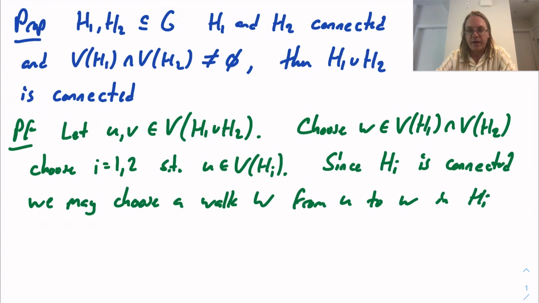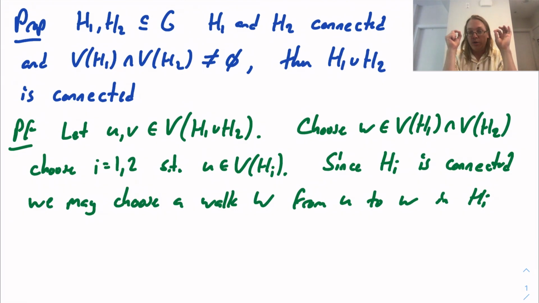Now our first step was, we've got this vertex U, and this vertex W that's in both of them. Because U is a vertex in H1 union H2, it's either in H1 or it's in H2. So we can just declare it's a vertex in HI for some I, and we'll let that I be our choice.